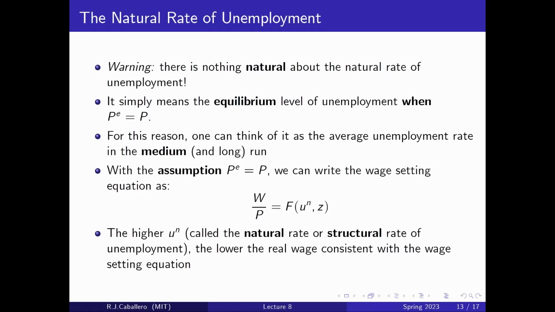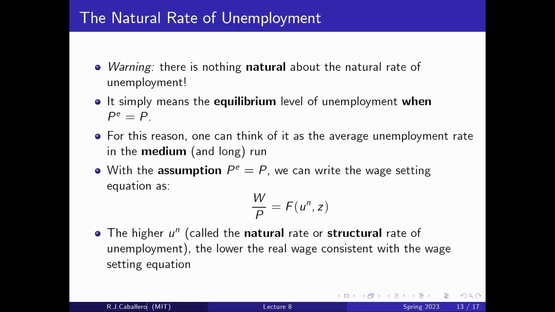And when we have that condition, then we can think of the real wage demanded by workers, because I can replace expected price with actual price and divide both sides by price. So the real wage demanded by workers is equal to a function of the natural rate of unemployment. And I stick the n there precisely because I replaced expected price with P, for no other reason, okay?